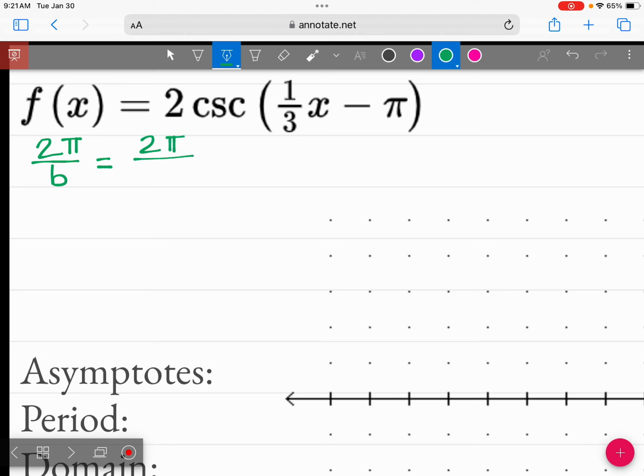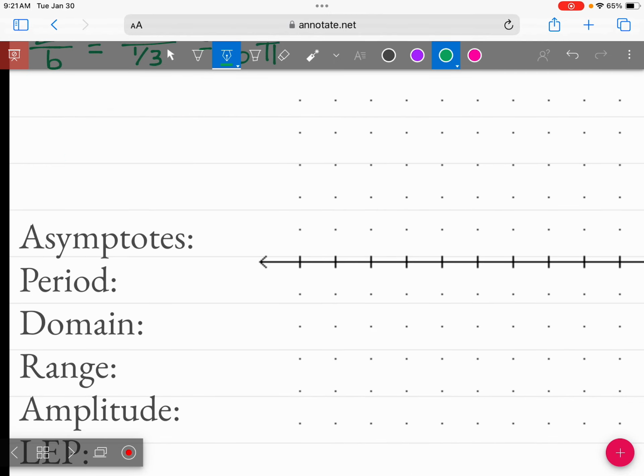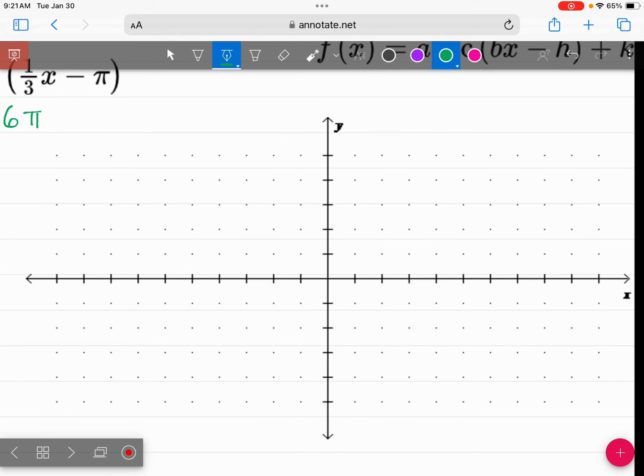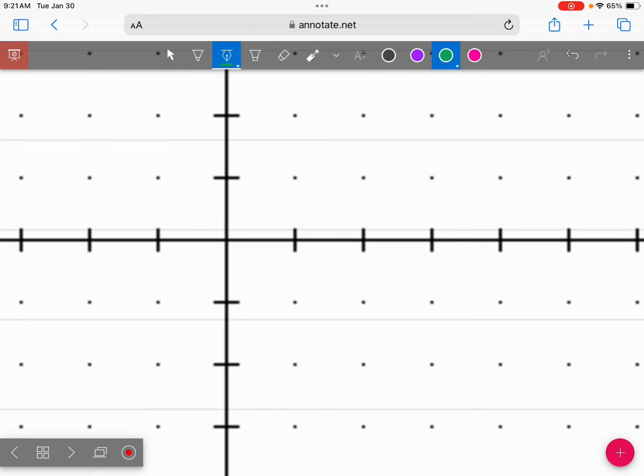So we have 2 pi over 1/3. So what is our period? 6 pi. So when we are counting up, we need to be really careful and make sure that we get enough to have an entire period on our graph. So I'm just going to count by pi's this time. 6 pi is big.